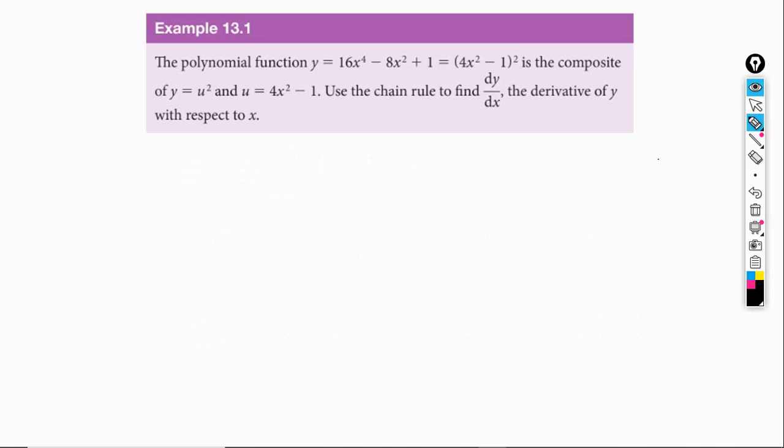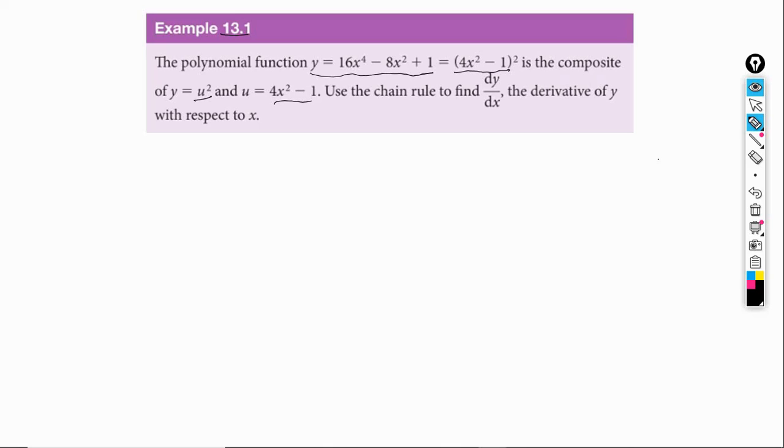Very well, so here we are on example 13.1, and it says the polynomial function y equals 16x to the 4 minus 8x squared plus 1 is equal to this other expression, and that is the composite of u, or y equals u squared, and u equals 4x squared minus 1. Use the chain rule to find the derivative of y with respect to x.